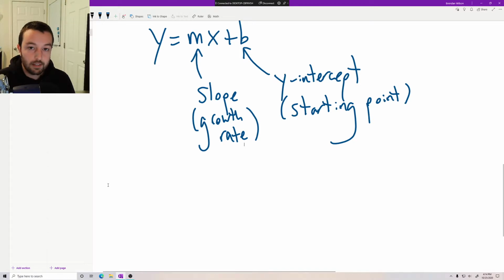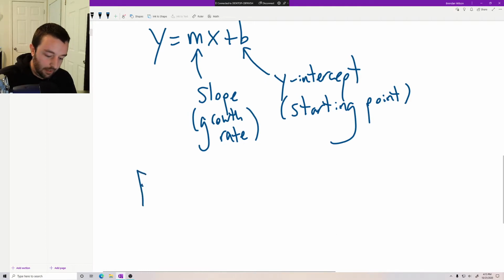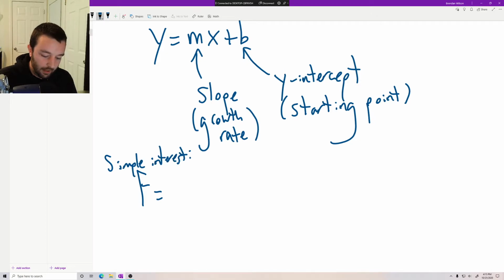You might not realize this, but this is the same form of the simple interest formula. Okay. The simple interest formula, simple interest, F equals P times 1 plus RT.